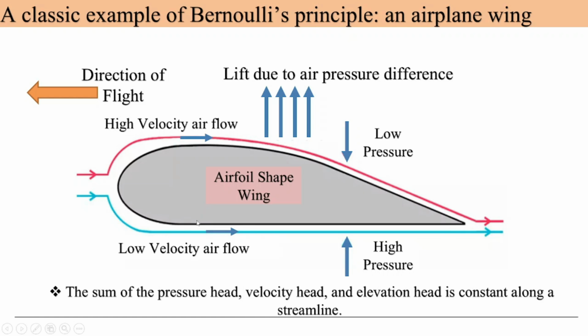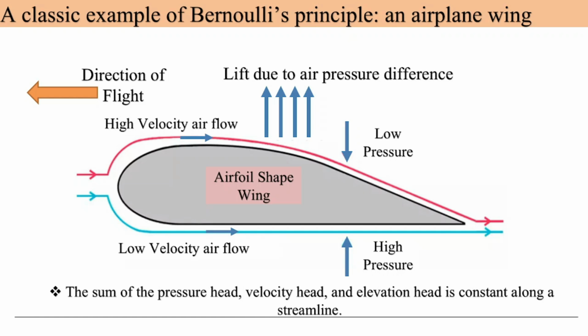As air flows over the curved upper surface of the wing, it moves faster compared to the air moving beneath the wing. According to Bernoulli's principle, the faster moving air above the wing creates a lower pressure region, while slower moving air below the wing maintains the higher pressure. This pressure difference generates the lift that allows the aircraft to rise into the air.